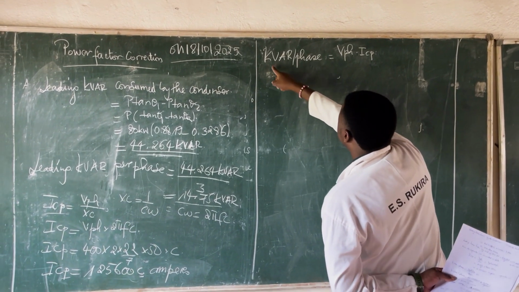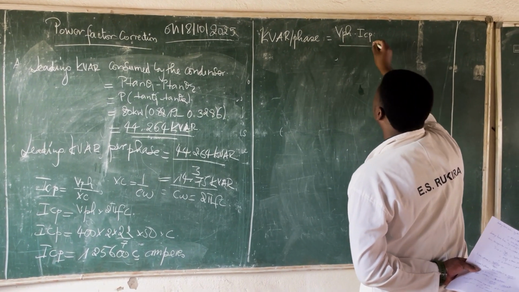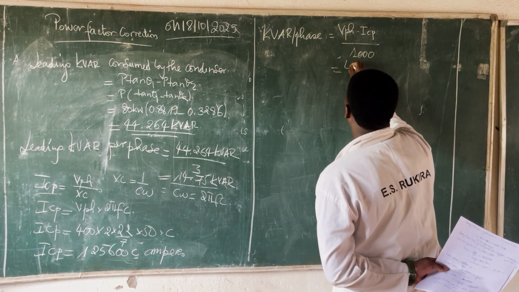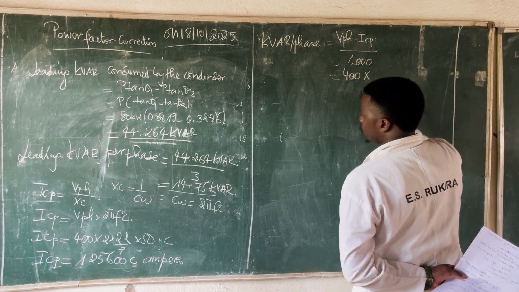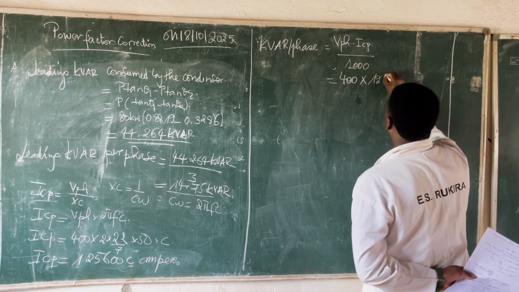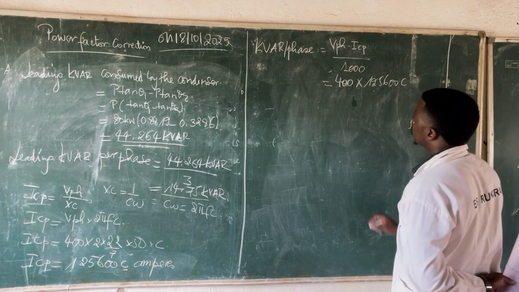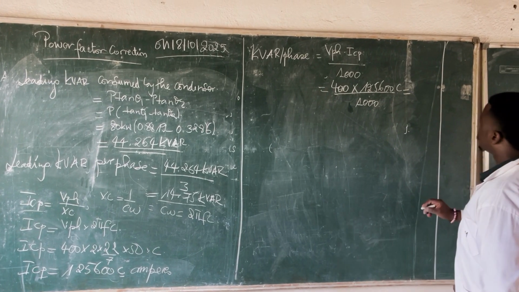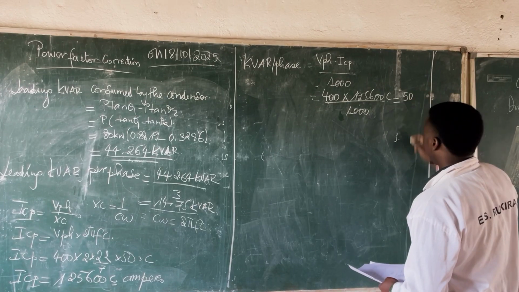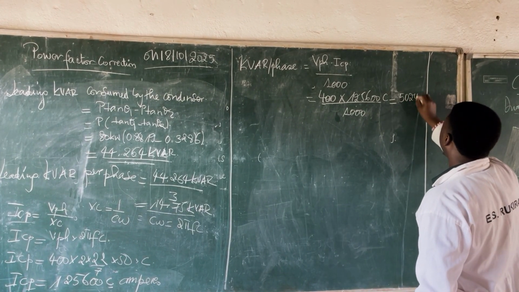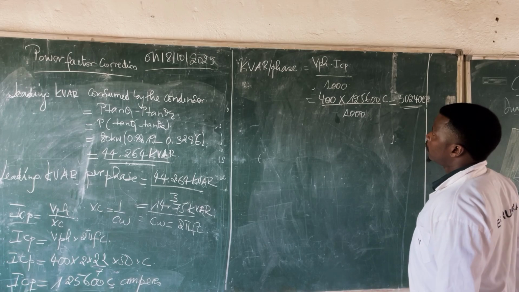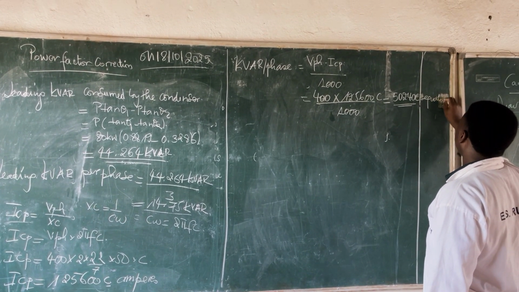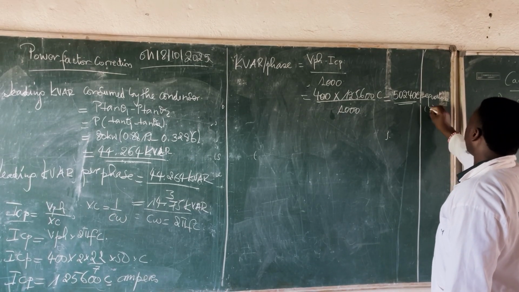Now, you have to divide by 1,000, which is equal to 400 times 125,600 C divided by 1,000, which will be equal to 5024 C. Now, this will be equation number 2.